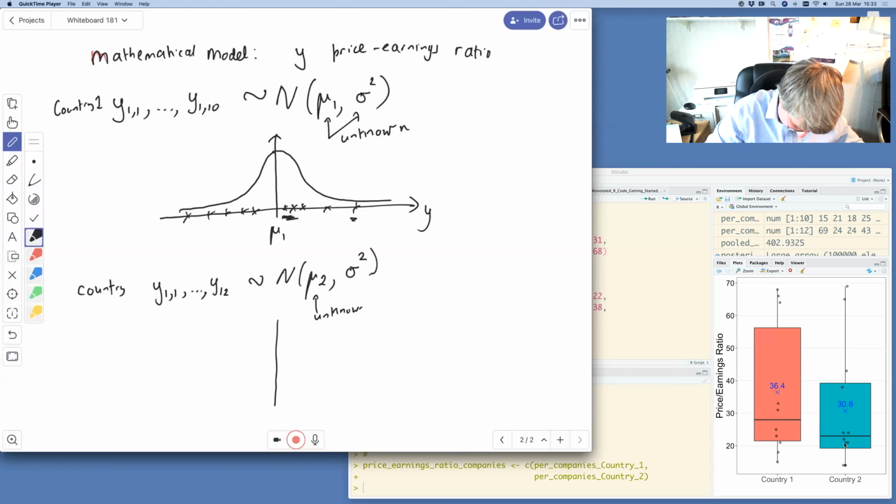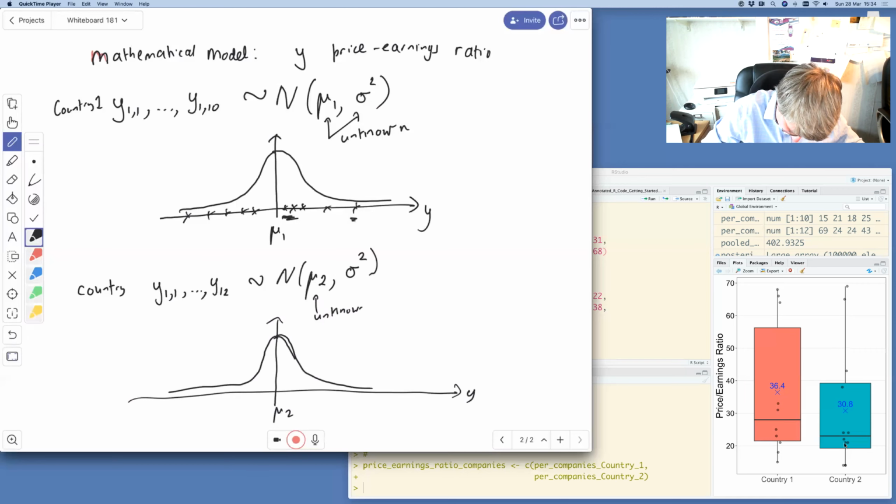The picture here would be that you have possible values of y, your mu2, and then the distribution with the same spread, and those 12 values would come from that distribution. What we really want to do is learn about mu1 and mu2 from the data.